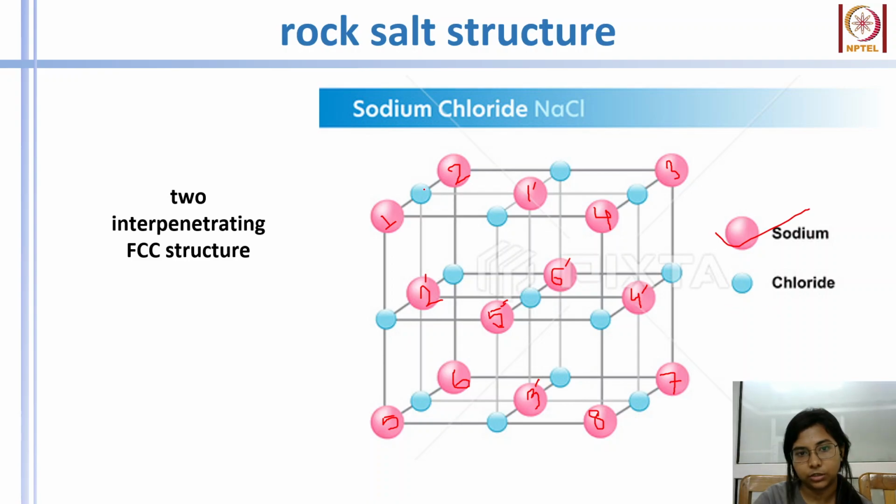Now what about the chloride? So you see, this here is the chloride. It might be difficult to imagine from here, but this is also an FCC. If we consider this as the edge of the lattice of chloride and extend this, we can extend it like this.